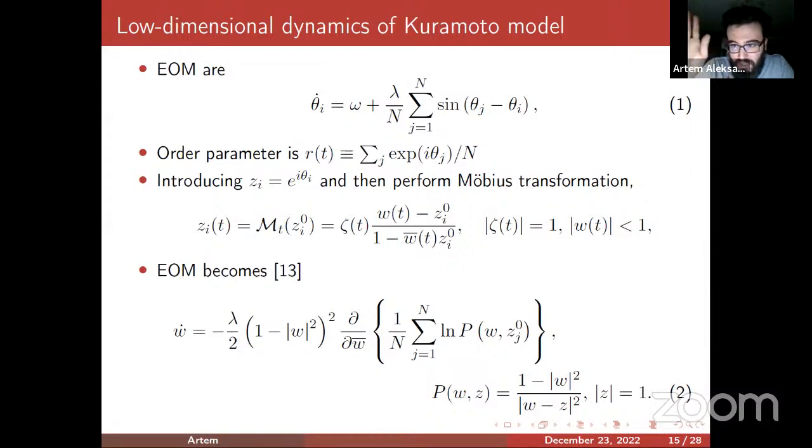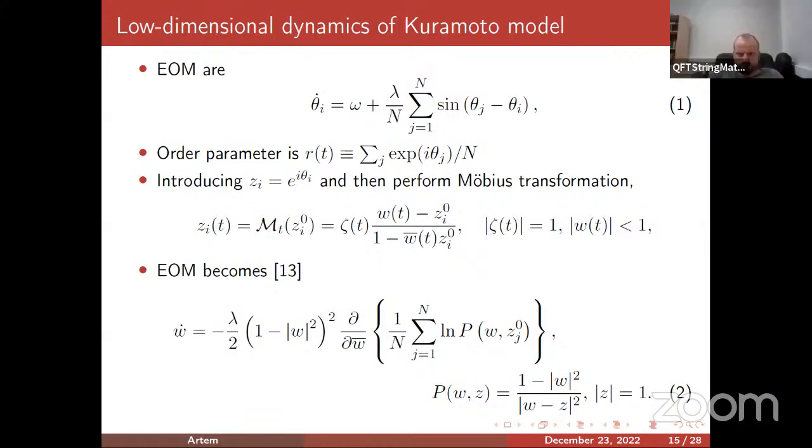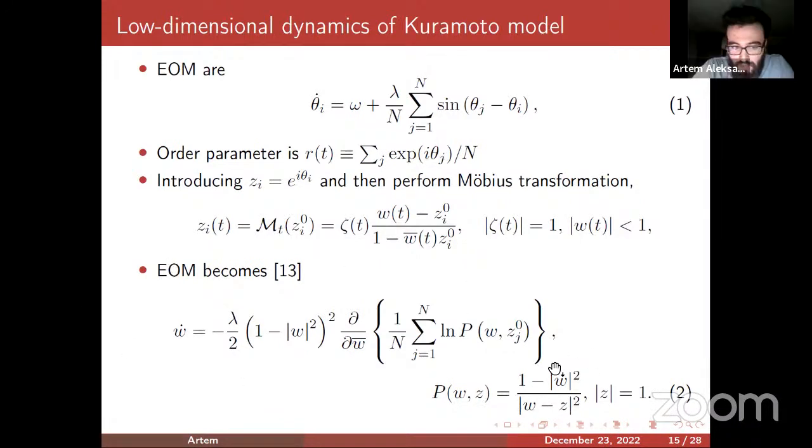It is enough. It is a result of computation, but I don't want to go into derivations. Just forget it. And this equation for the function w is our object of interest.